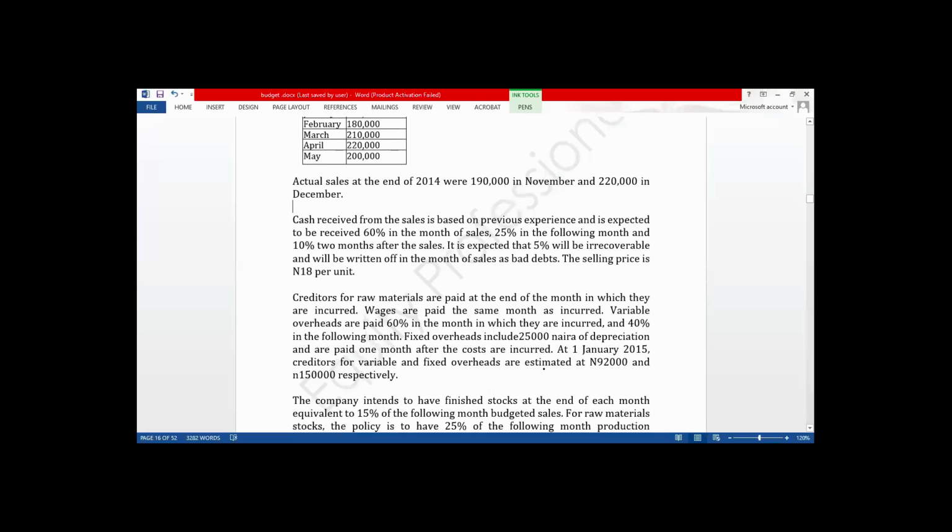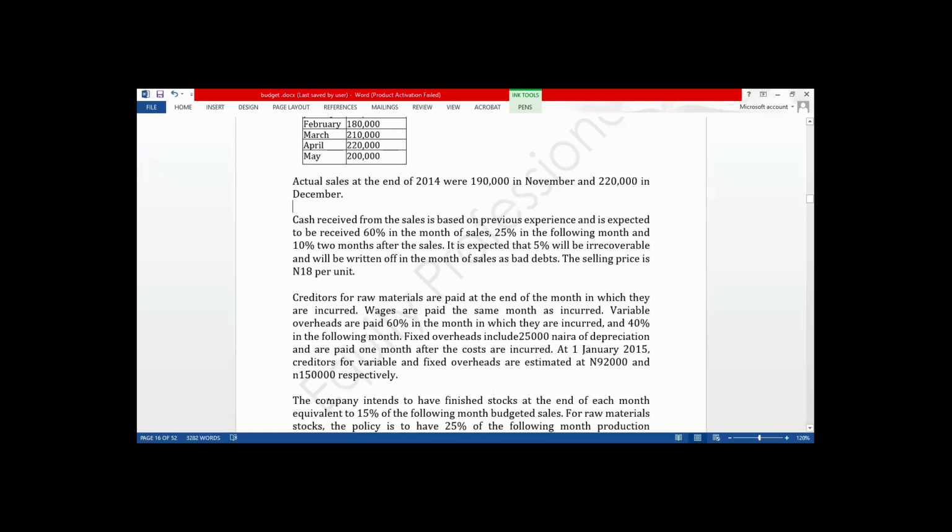Now look at this place, please. As at 1st January 2015, creditors for variable and fixed overhead I estimated at 92,000.